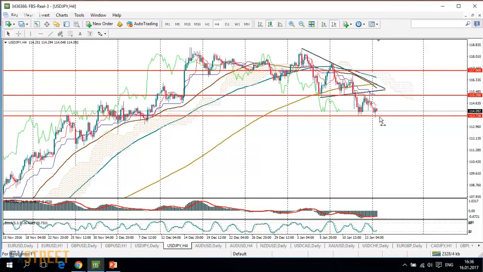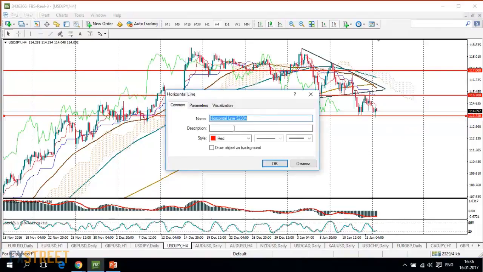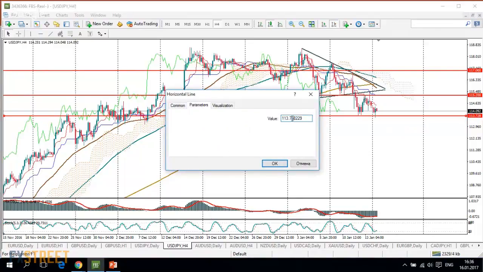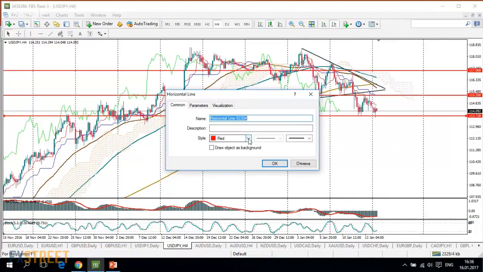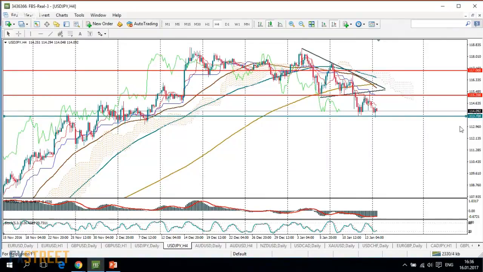Some interim support was found in the area of 113.70. This is the support line. So for now, we can see dollar yen in this sideways channel with 115.20 on the upside and 113.70 on the downside.